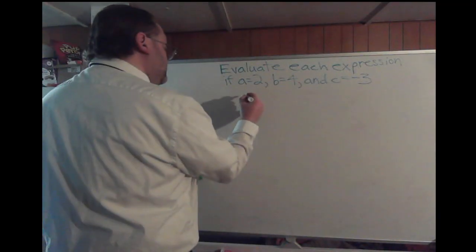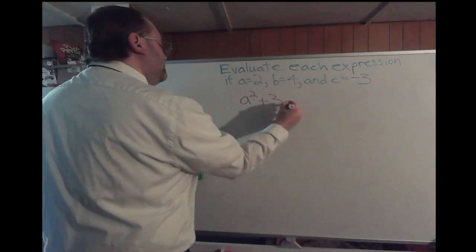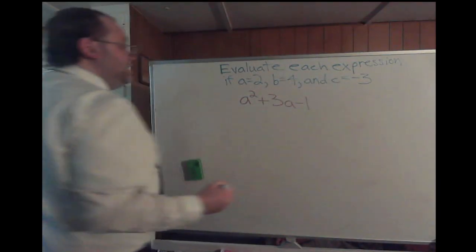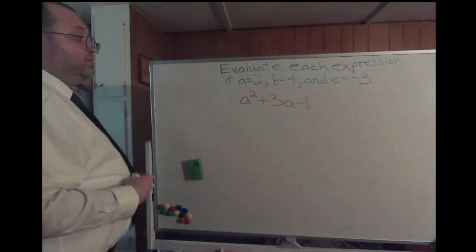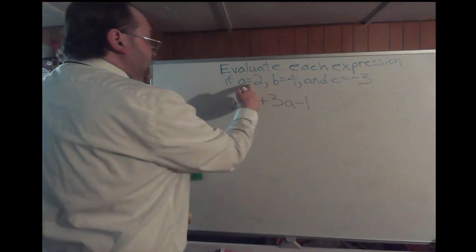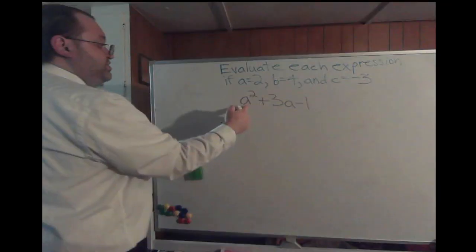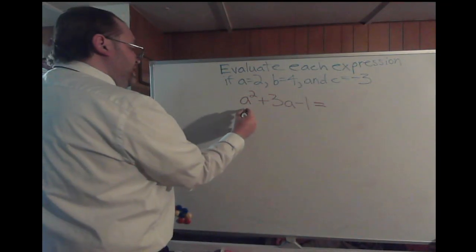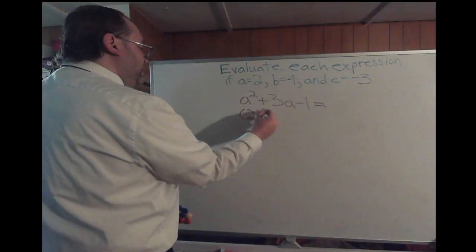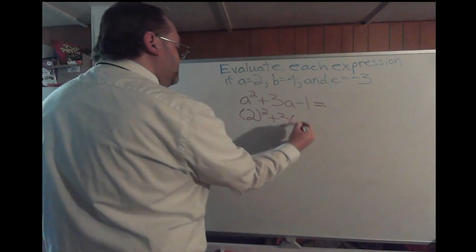Alright, we have a squared plus 3a minus 1. Of course, we're going to want to substitute the value of a in, which would be 2. We'll want to substitute 2 in for wherever you see an a. So a to the second power, that's the same as 2 to the second power, plus 3 times what is a, that's 2.